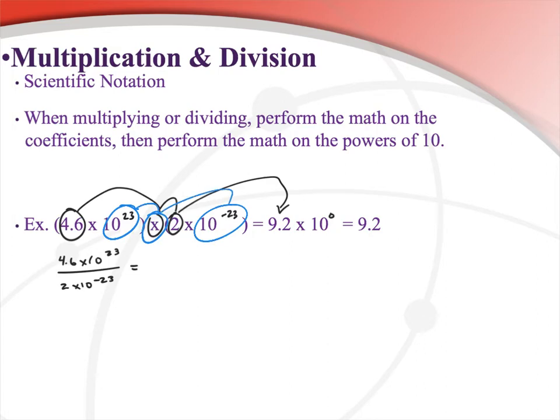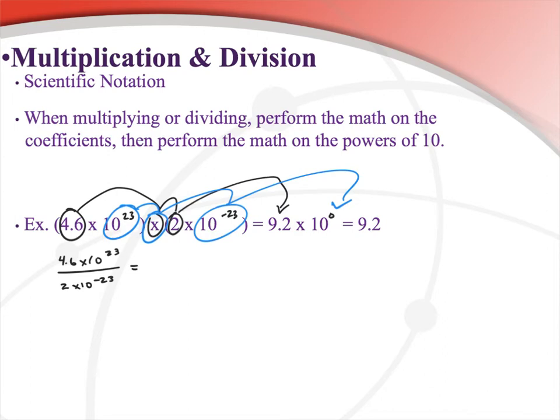All right, what we do there, you might remember, and this is how we get this final value, is if we are multiplying with powers, okay, we add those numbers together. So 10 to the 23rd times 10 to the negative 23rd, we take the 23 plus, because this is a multiplication sign, negative 23. So 23 plus negative 23 is 0. So this works out to be 9.2 times 10 to the 0. Right? 10 to the 0 is just 1, so that number is really just 9.2.